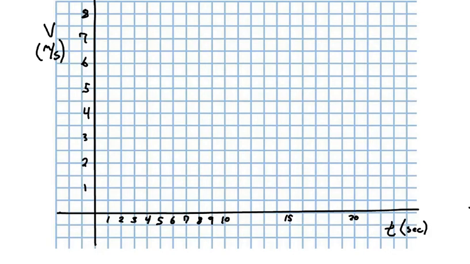Now let's say we have a graph of velocity versus time, and our graph shows a horizontal line for velocity right at 5 meters per second. There we go. And just for fun, let's block off an area of this graph, from 0 seconds to 10 seconds.